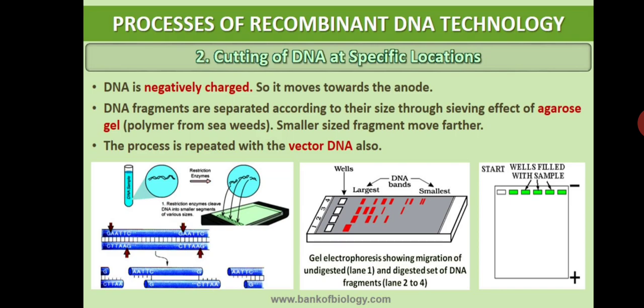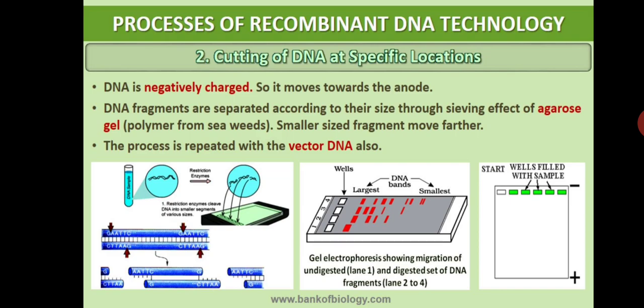Okay, here one more process you have to carry out, that is the southern blotting technique. You have to put a nitrocellulose sheet on the gel electrophoresis slab. Understood? And this nitrocellulose sheet withdraws the gel along with the separated DNA fragments.